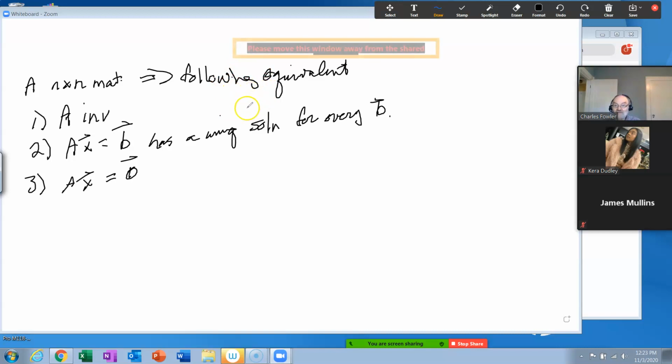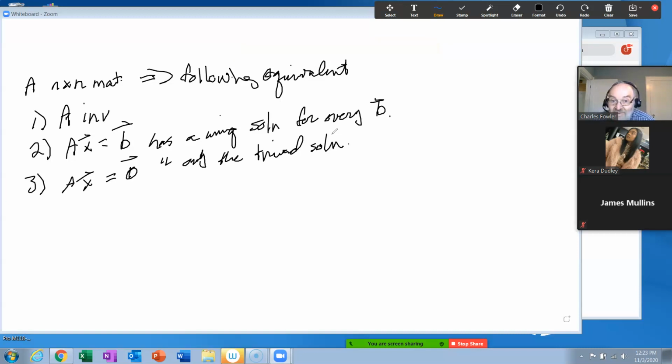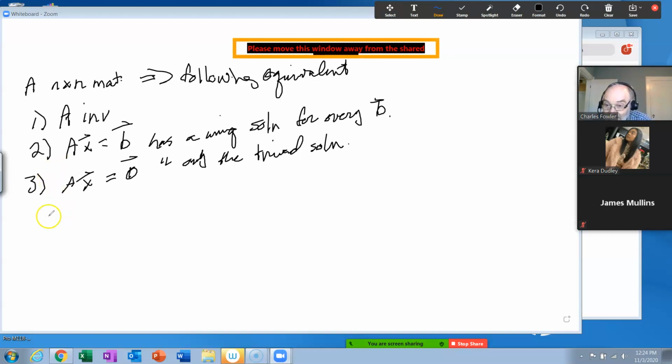That has only the trivial solution. Well, of course it would. If the number 2 is true, that B is the 0 vector, and that's a unique solution, then the 0 x's would have to give you that same thing. That's the only trivial solution. So those two follow hand in hand.